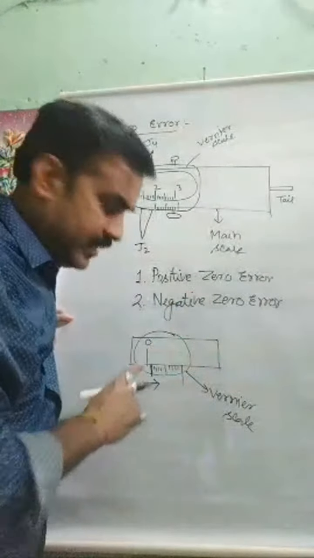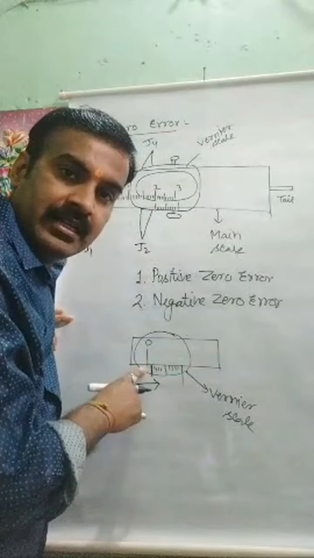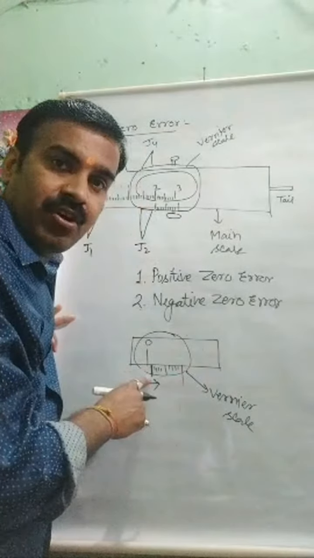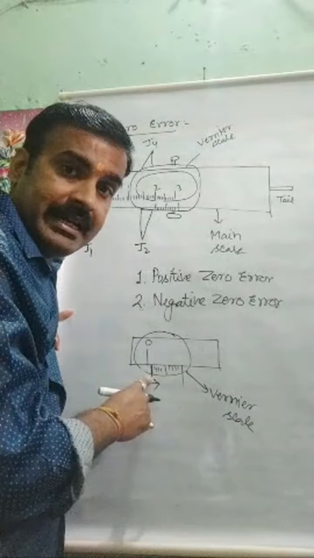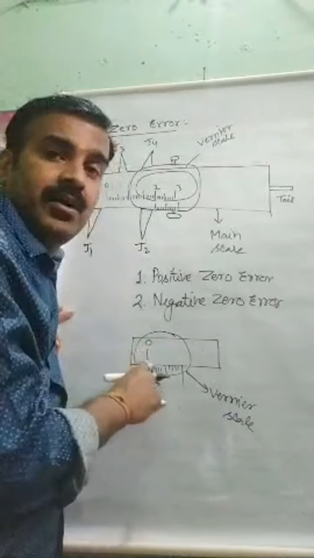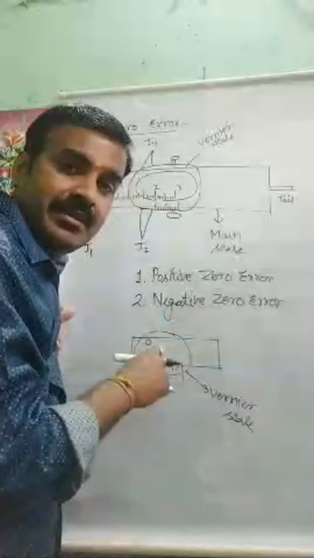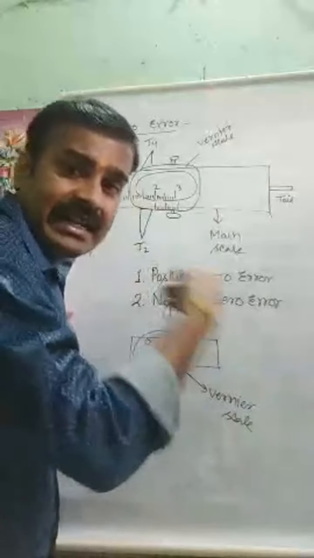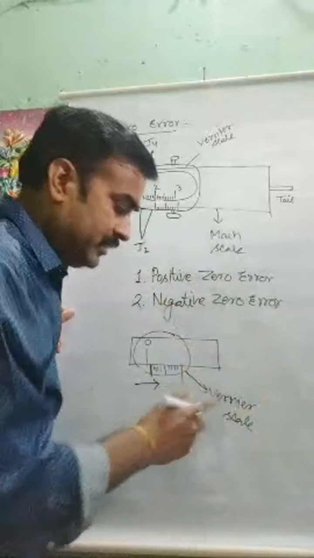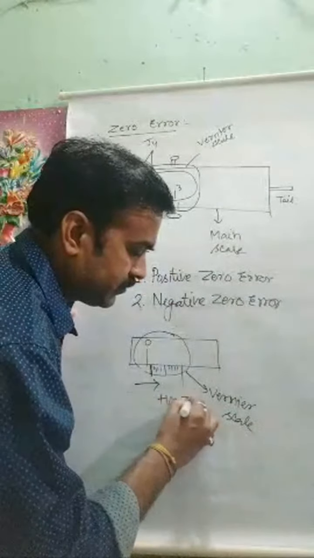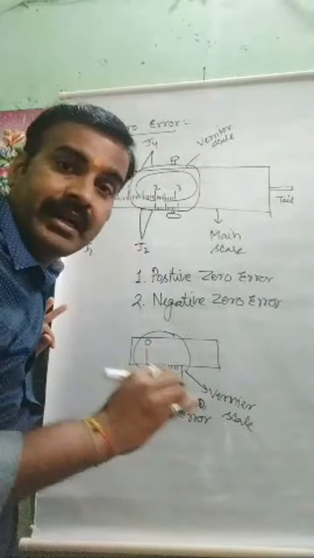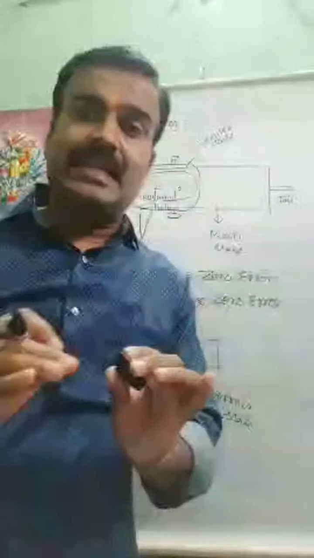Okay, you can see the zero of the main scale is here, and the very first division of the Vernier is here. If the very first division of the Vernier is going right hand side of the zero of the main scale, then it will have the positive zero error, and its correction will be negative.